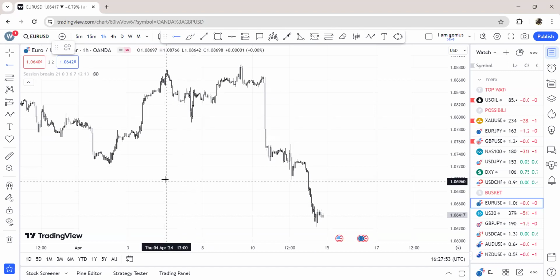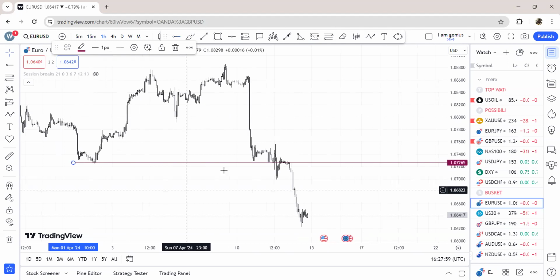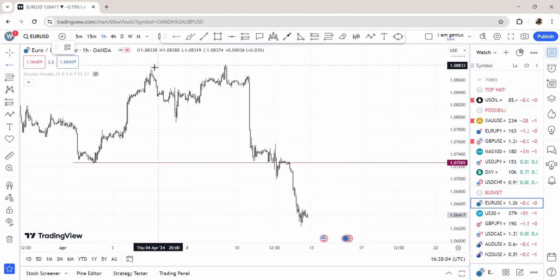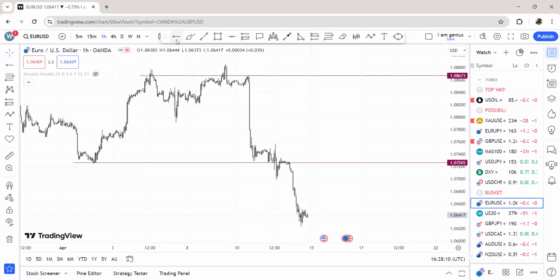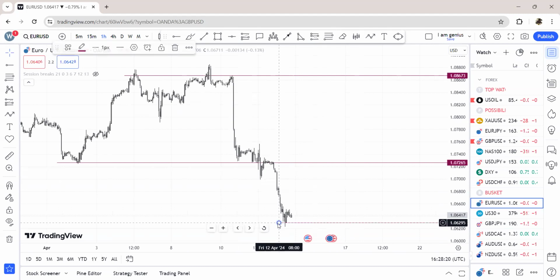So we see we had some strong level here, somewhere right around that level. Quite strong. We had also another strong level right around there. Then we have some form of resistance here where the market currently is.